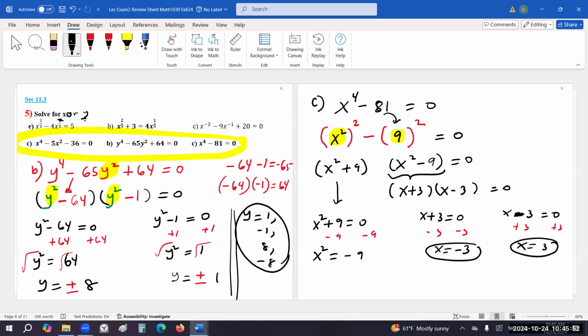But we are not done with the first one. We can solve for x, we get x squared equals negative 9. So what do we do? Square root, plus minus. Because we have a negative, it turns to an i, and the square root of 9 is 3.